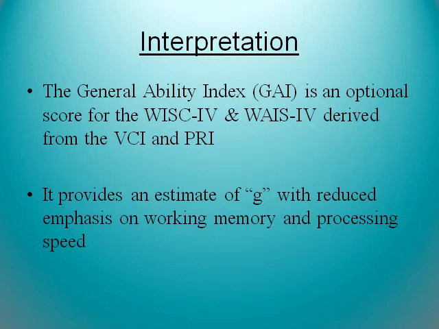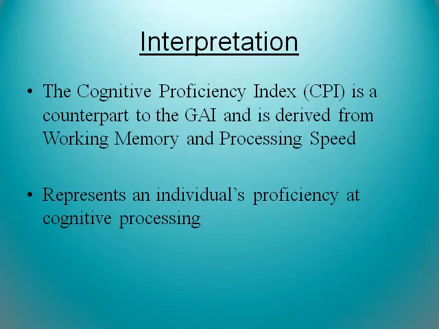So the GAI is an optional score for both the WISC and the WAIS, and it's derived from the VCI and PRI. It provides an estimate of G with reduced emphasis on working memory and processing speed, which we just said. The CPI, Cognitive Proficiency Index, is a counterpoint to the GAI, and it has just working memory and processing speed, and it's good for looking at an individual's proficiency at strict cognitive processing.